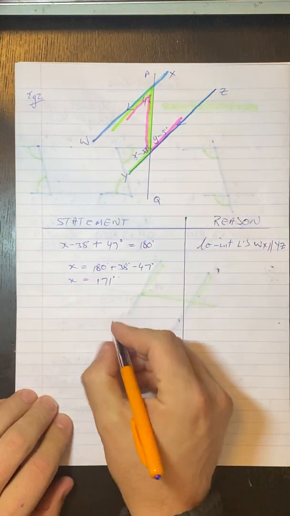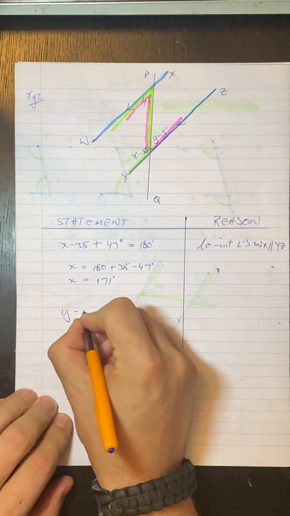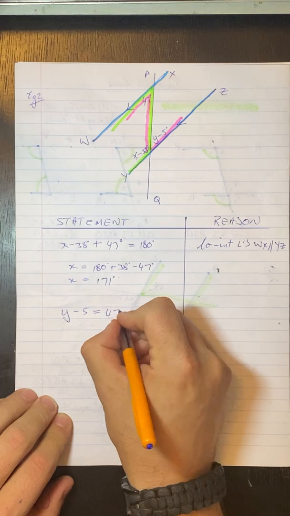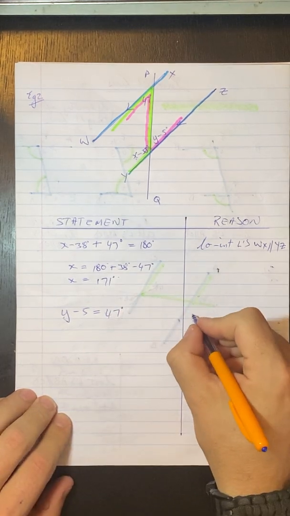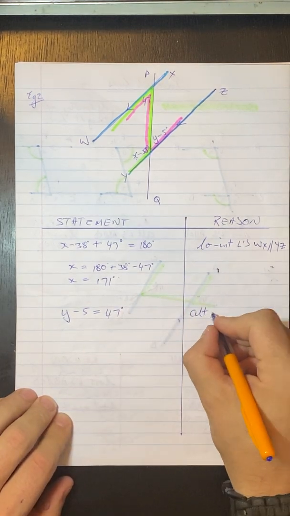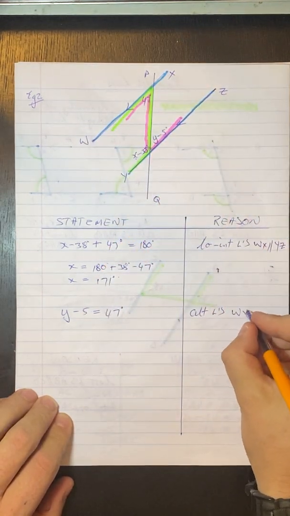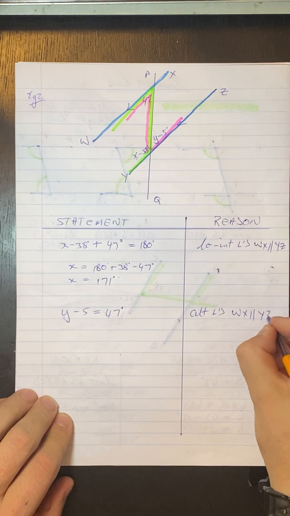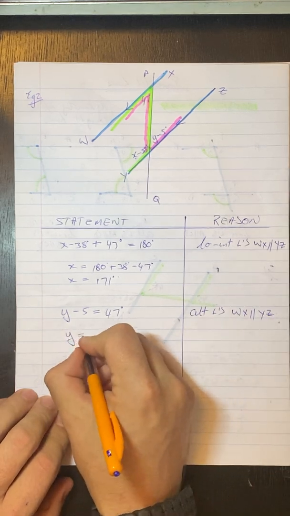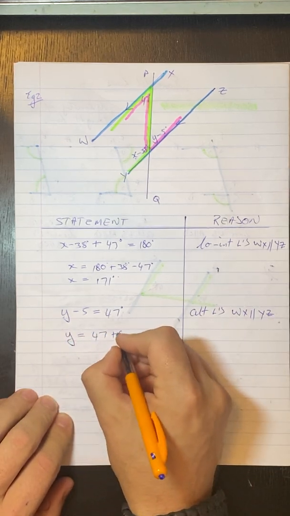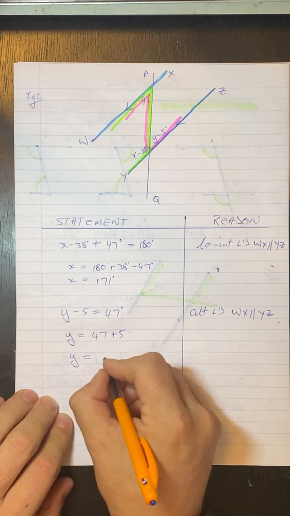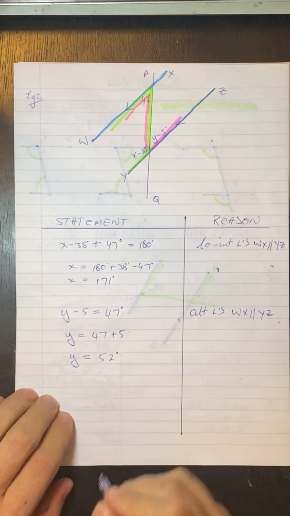I know that y minus 5 is equal to 47. My reason, alternate angles. Just state which lines were parallel. WX parallel YZ. So that means that y is equal to 47 plus 5, and we get y is equal to 52 degrees.